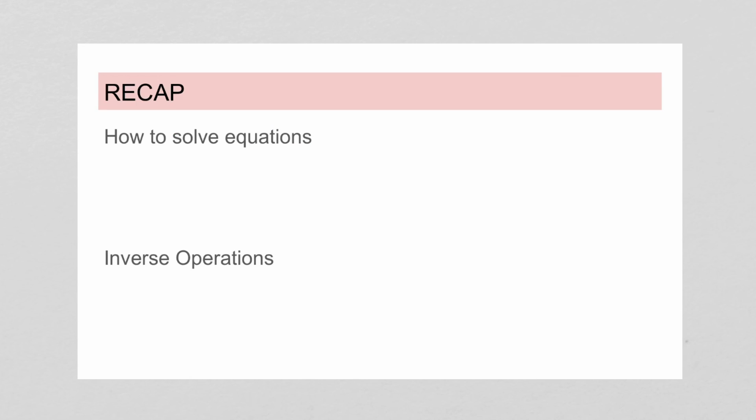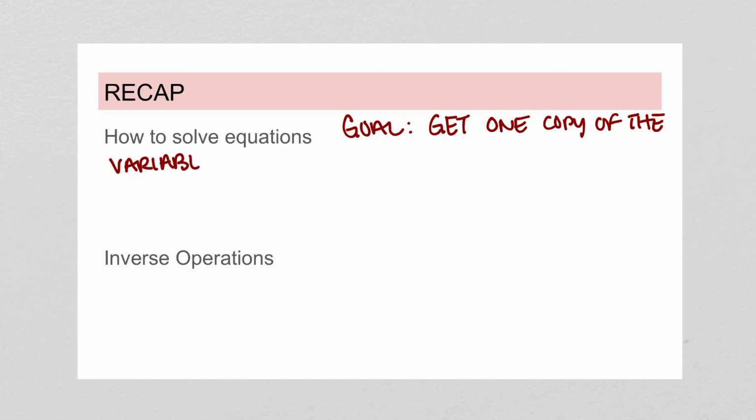Let's review. How do we solve equations? Our goal is to get one single copy of the variable. A lot of times it's x, but it doesn't have to be. It can be any symbol. And where do we want that?